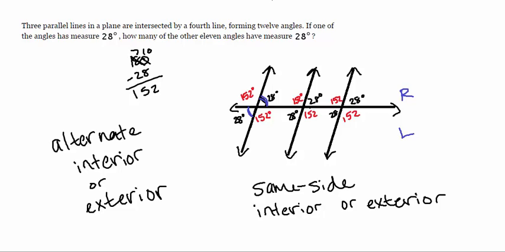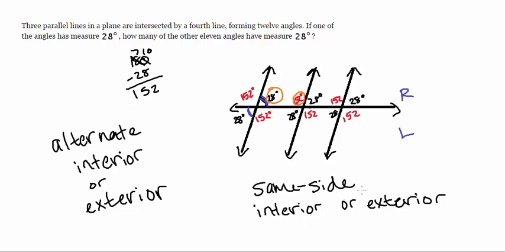So in that case, let's say a same side interior would be, let's say 28 and 152, this angle here and this angle here. These are same side interior because they're both on the right side of the transversal, and they're called interior because they're inside of these parallel lines.